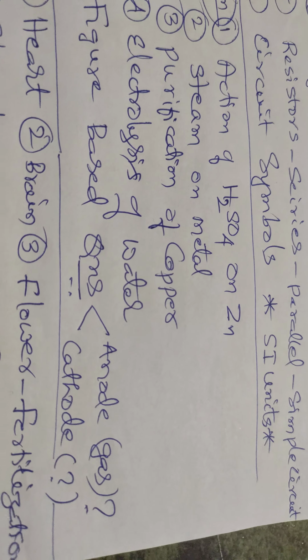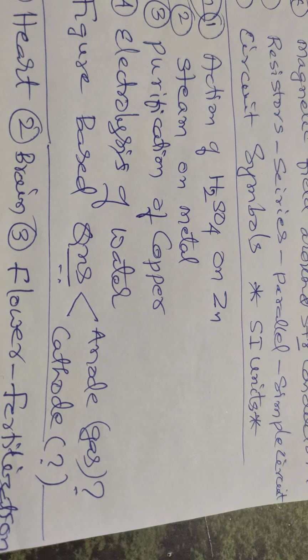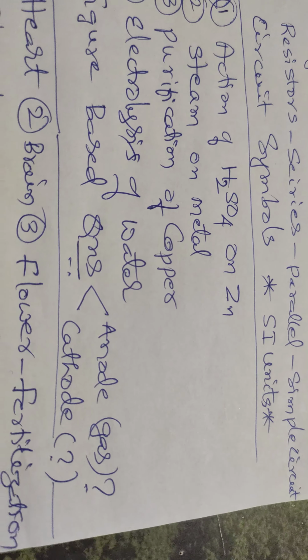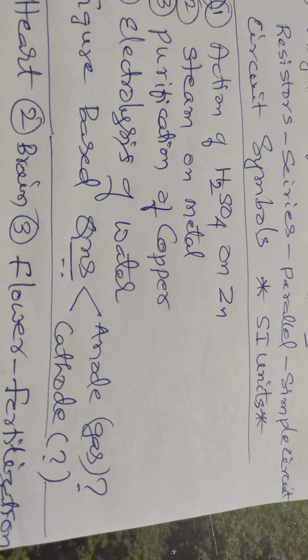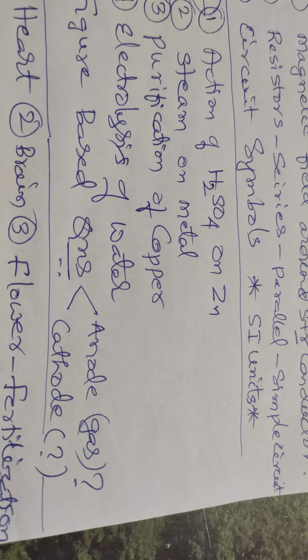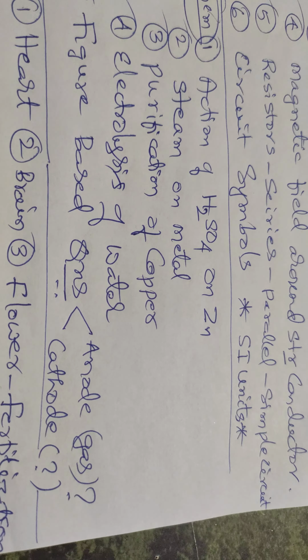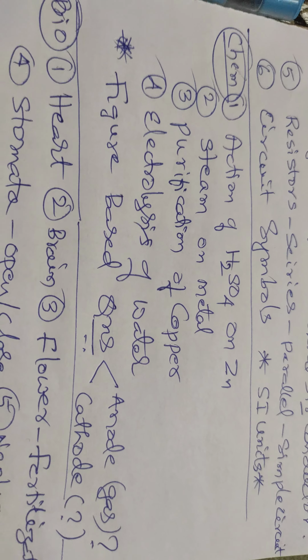For example, the anode will be marked and X is indicated: what gas is at the anode? At the cathode, some Y or X marking is given: what product is liberated there.